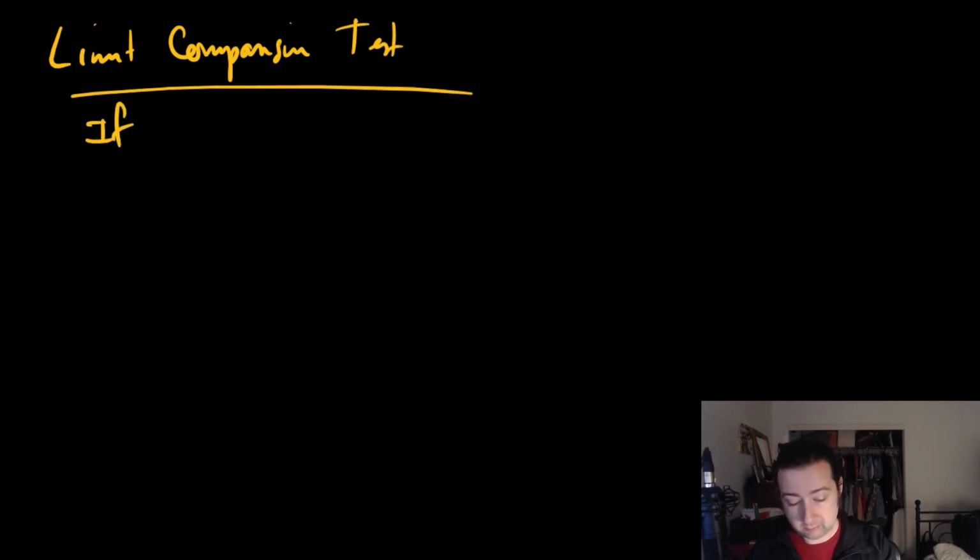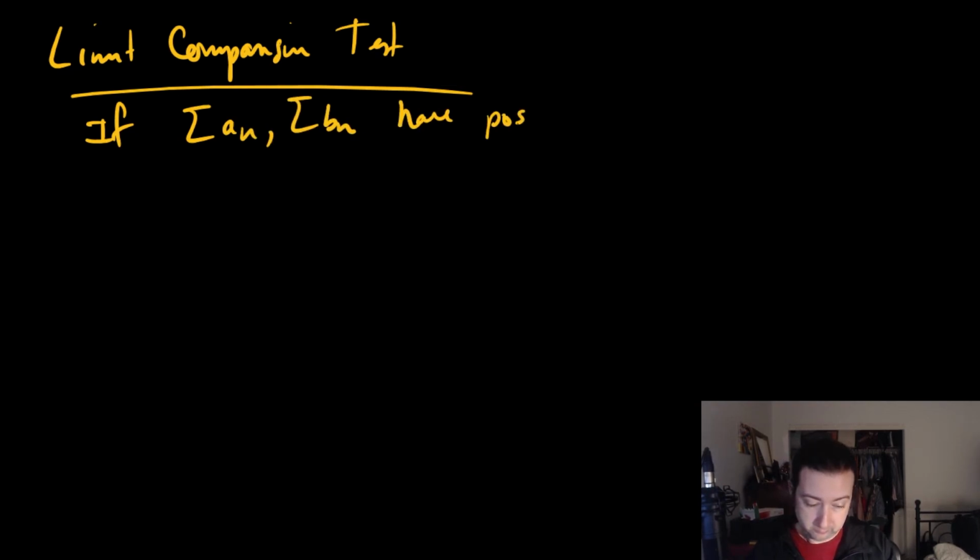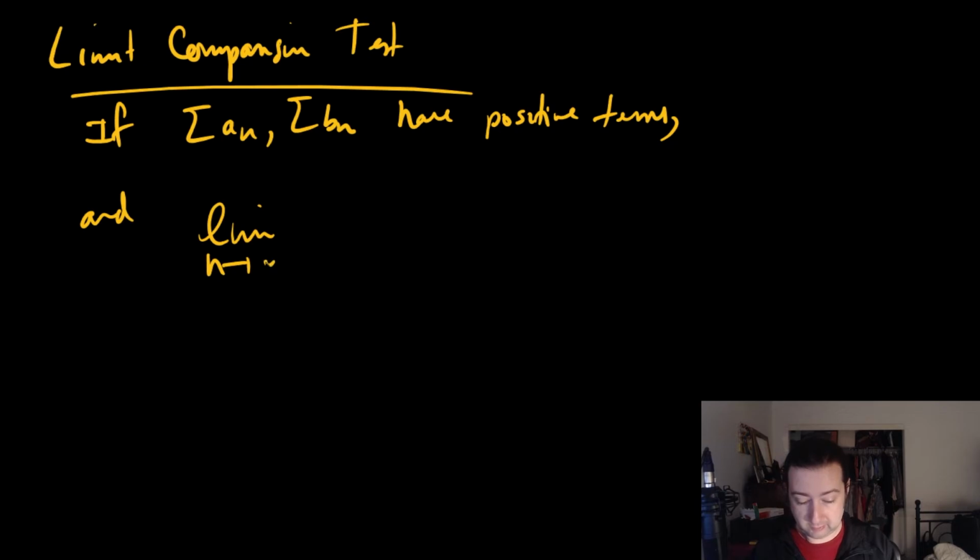So again, if you have two series with positive terms, and the limit as n goes to infinity of the ratio of the terms converges to some number c, with c being trapped between 0 and infinity.